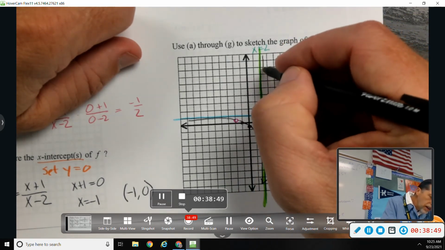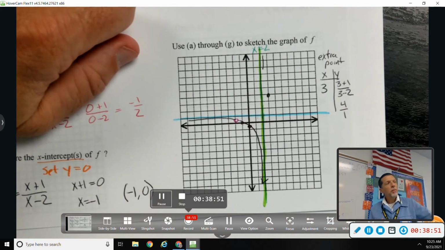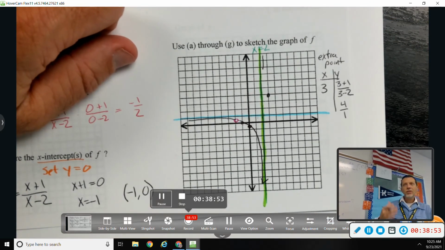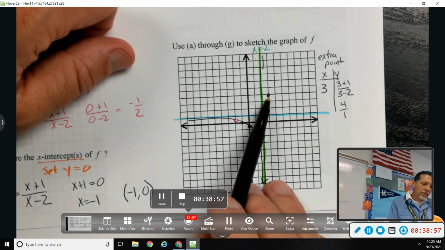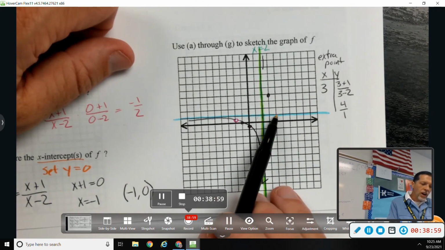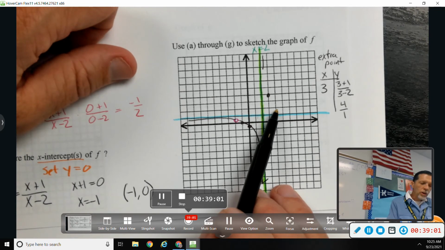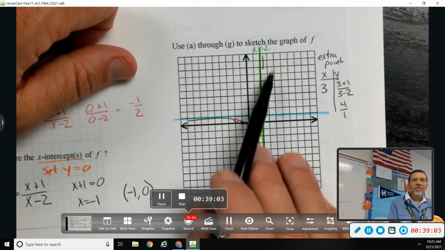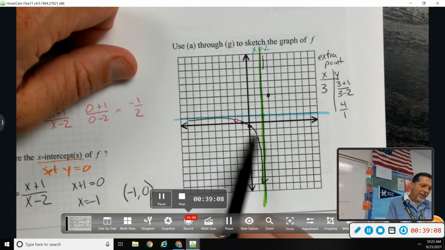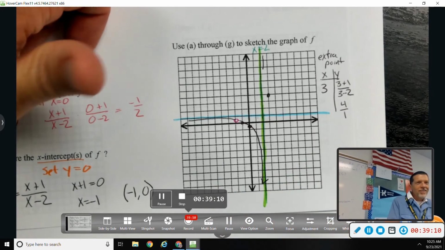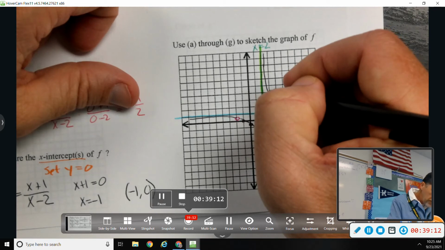For my purposes, I need to see at least 1 point per branch. If you're not convinced of what this graph looks like, you're welcome to plug in 4 and 5 and 6 and 7 if you really want to trace the whole thing out. If you feel like it probably looks something like the other side, just sort of reversed, you would be right.